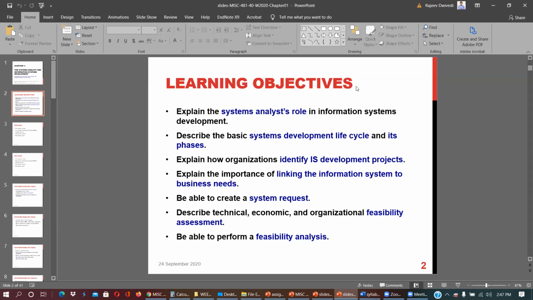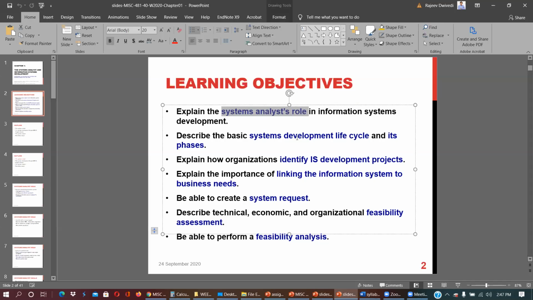So learning objectives. What is the role of the analyst in information system development? The role of the analyst covers the basic life cycle, which is planning, analysis, design, and implementation. So basically there are 4 phases. How does an organization identify IS development projects? This is how you start with identifying the information system project.